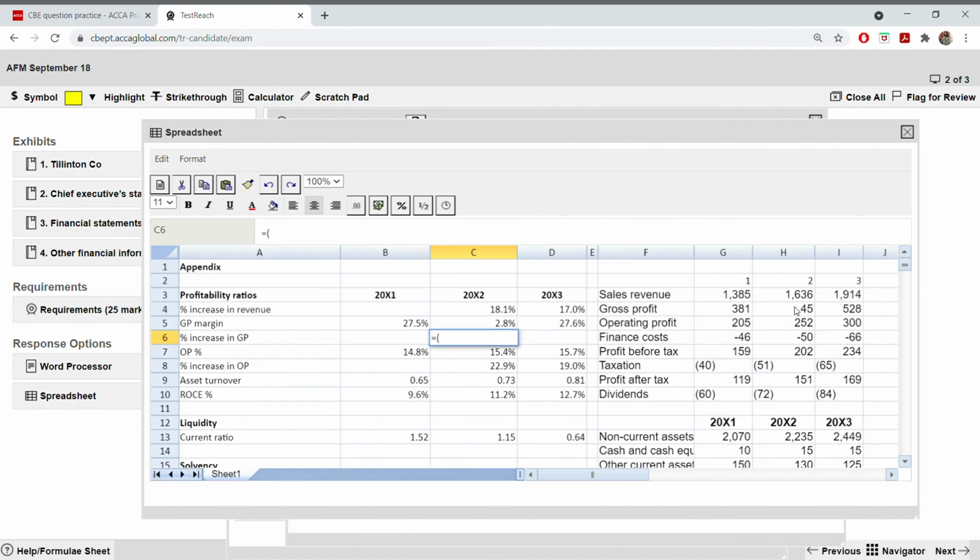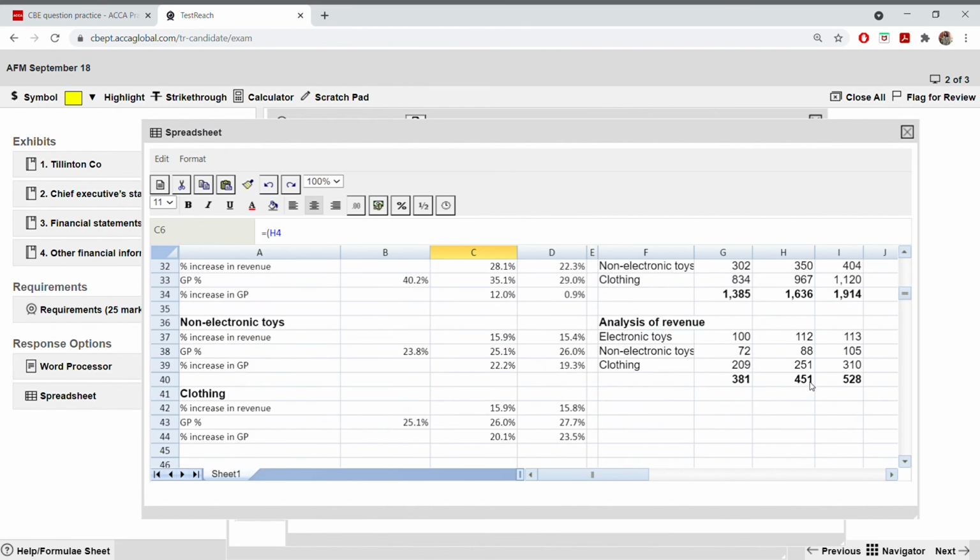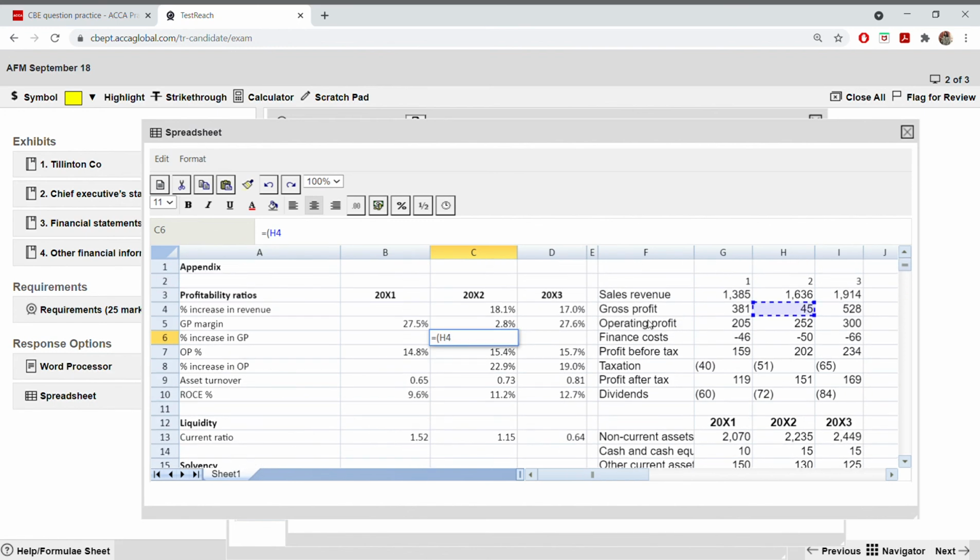If you see the gross profit here, it's 45, but here it is showing 451. That's why everything was coming out wrong. That's why for all this you need to pay close attention sometimes. It's 451. So definitely when this is changed, this also will change.